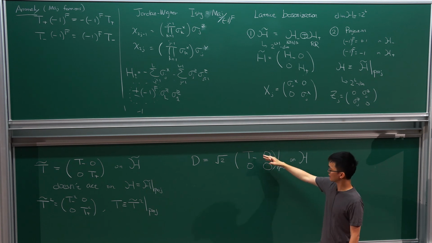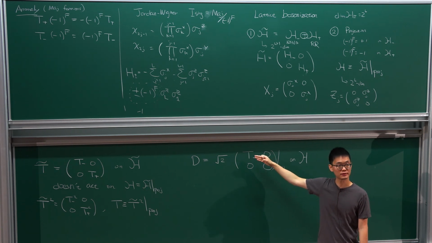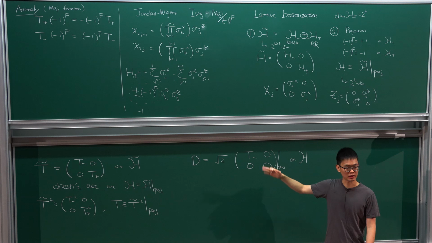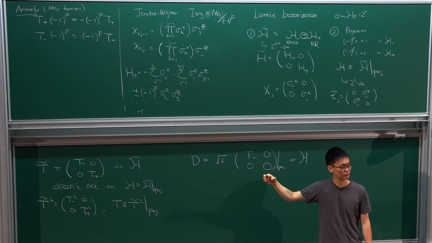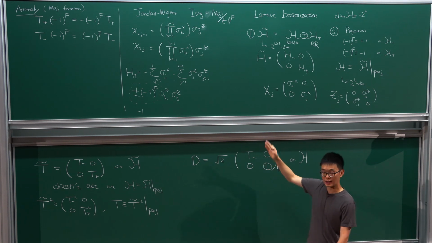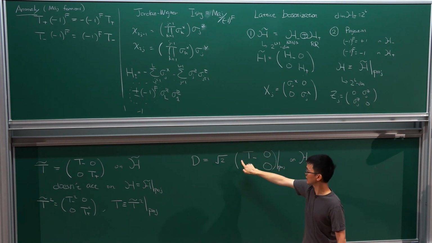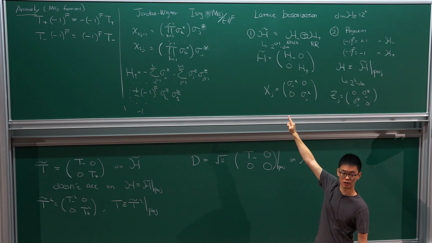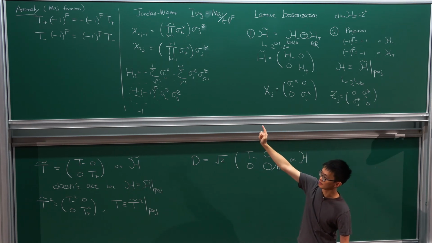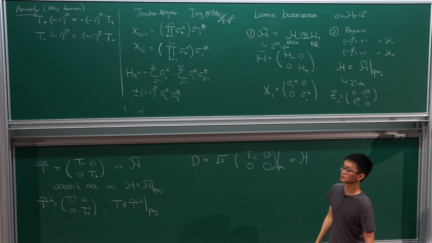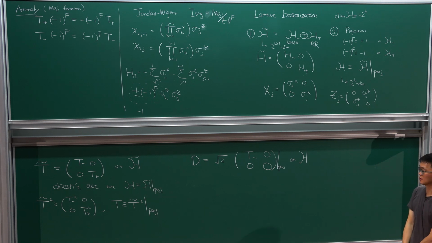Well, I should say that here I didn't provide the explicit expression of T minus for you, but it can be written very explicitly in terms of the fermion operator, chi. And then you can do the Jordan-Wigner transformation there to rewrite T minus in terms of the Pauli operators. And then you will see that it agrees with the expression on the upper left corner.